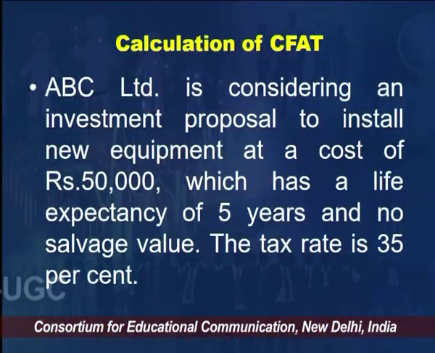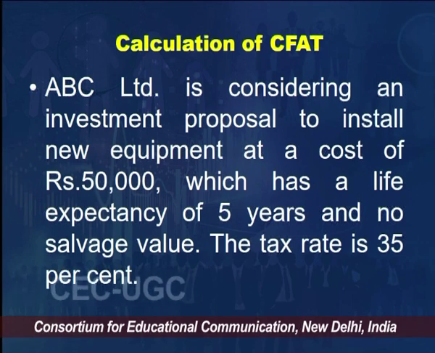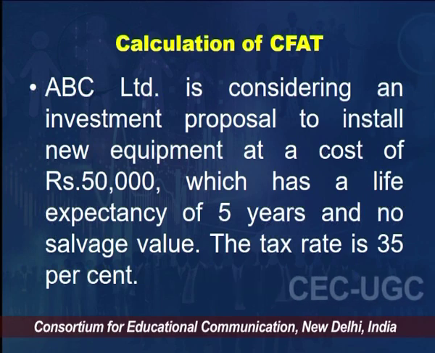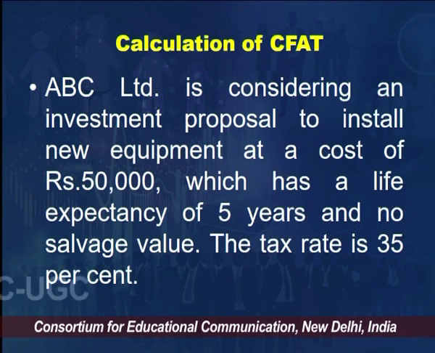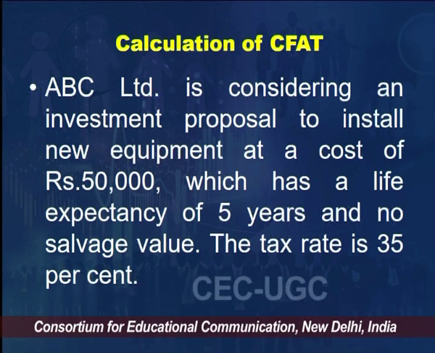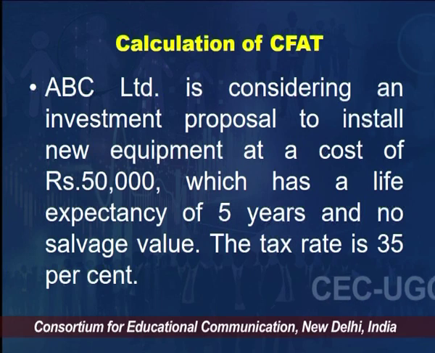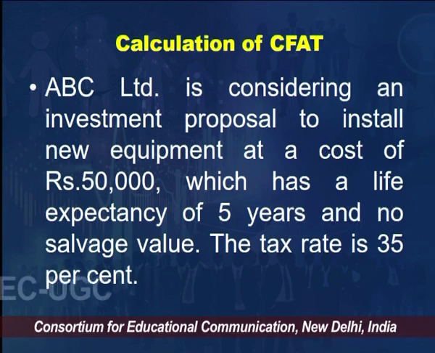ABC Limited is considering an investment proposal to install new equipment at a cost of 50,000, which has a life of 5 years and it has no salvage value. Further, the tax rate is given at 35%. So, this is the data given: ABC is considering an investment proposal to install a new equipment, and the cost is 50,000, right?